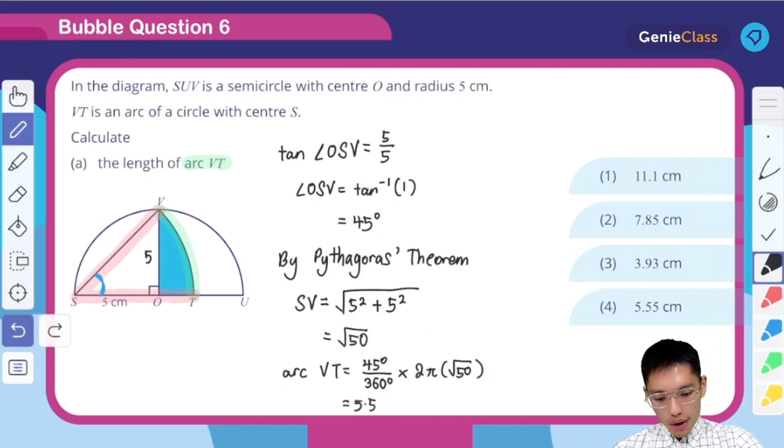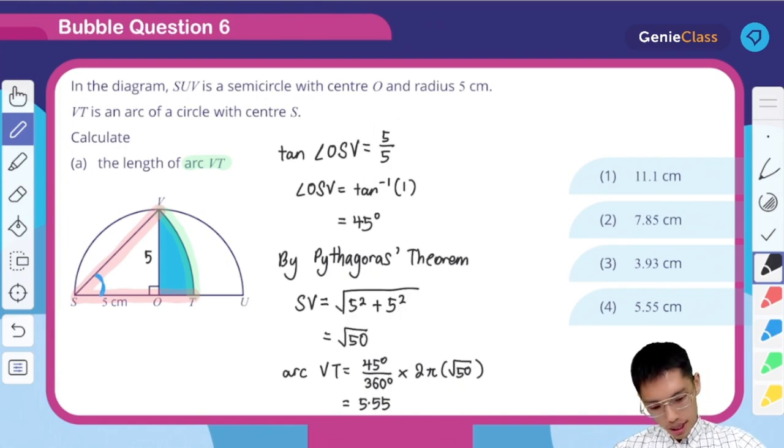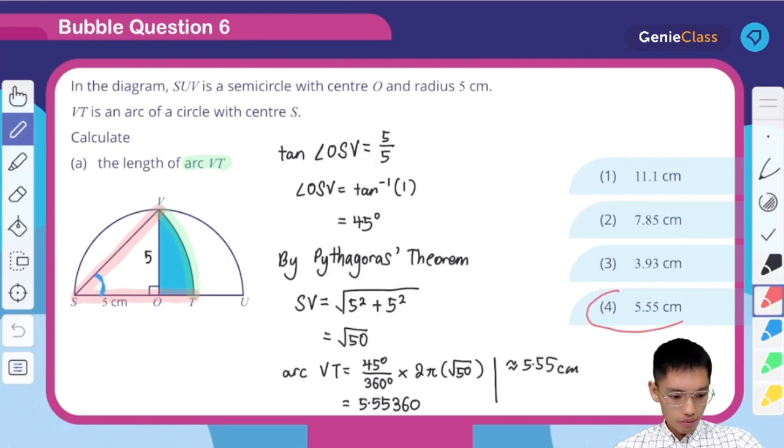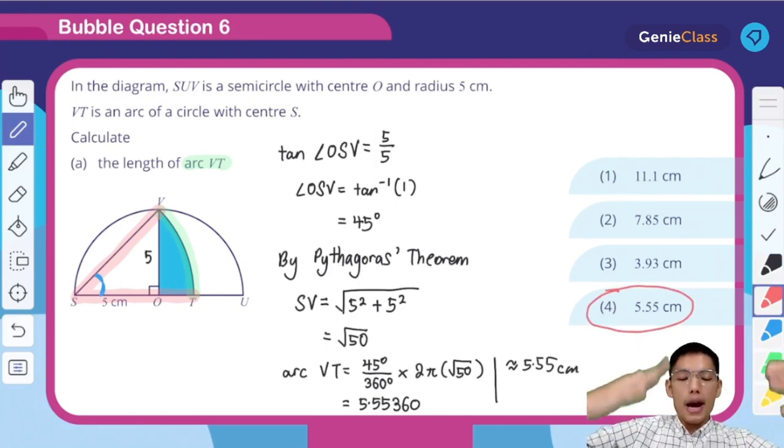Again, when you write your working, always write in decimals first, as long as you can, preferably 5 decimal places if possible, before we actually round up to 3SF, 5.55 cm, and therefore my answer is at number 4.